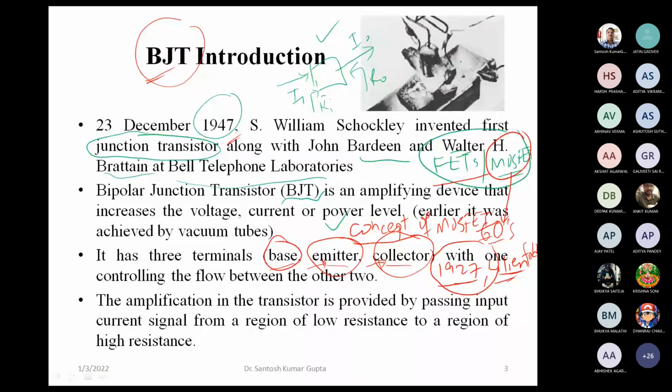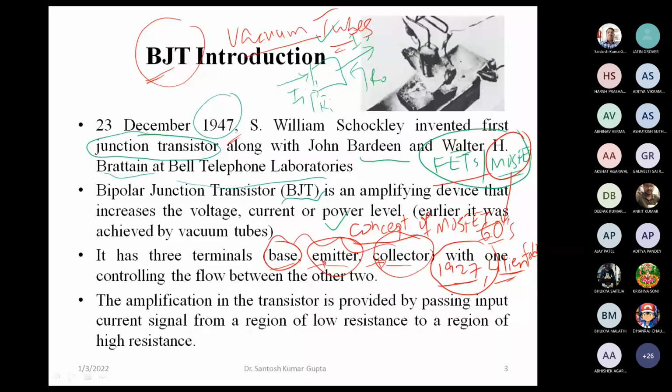So basically, the idea of this transistor resembles that of the vacuum tubes, which were invented much before these BJTs or FETs. Something called vacuum tubes existed much earlier than this, like triodes and pentodes.